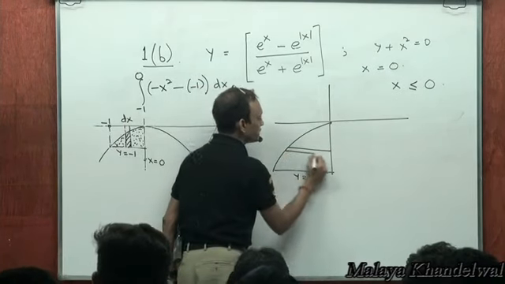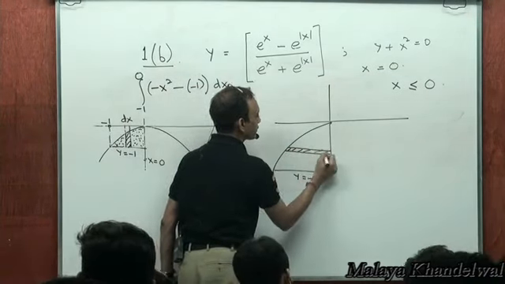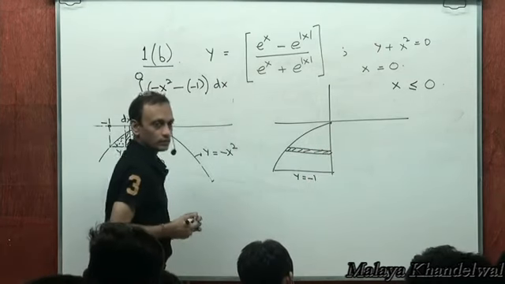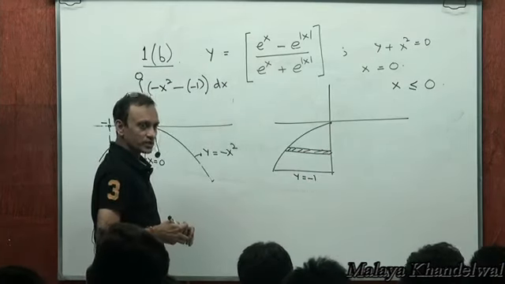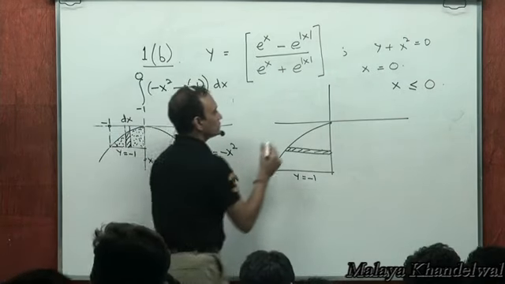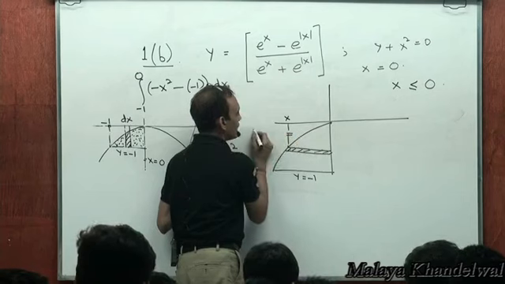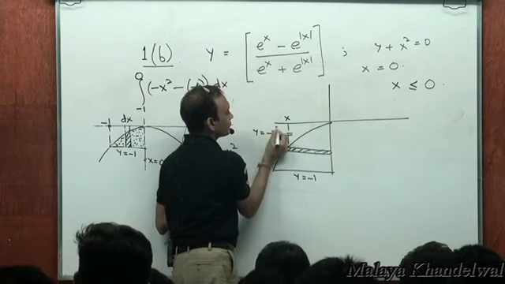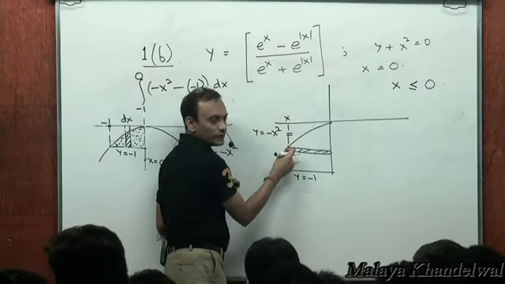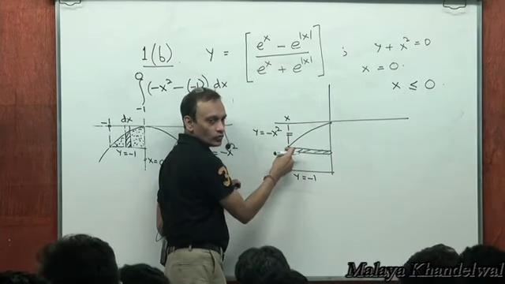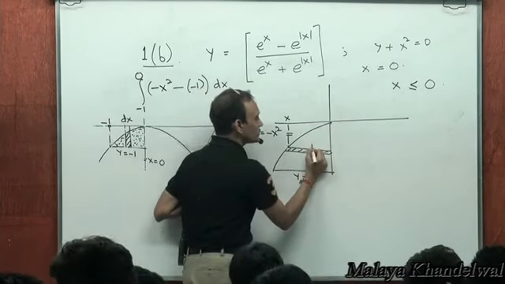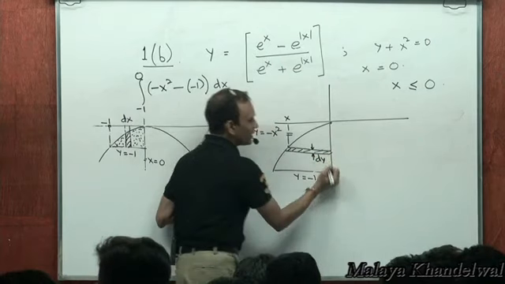Select a strip of this kind. For a given x, this y would be minus x squared, yes or no? This is a small change in y, dy.